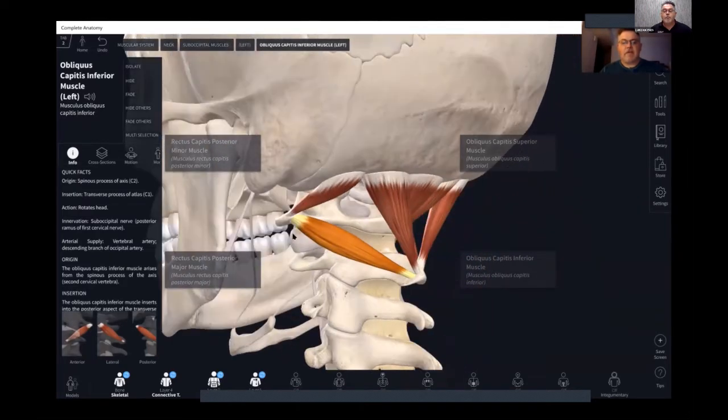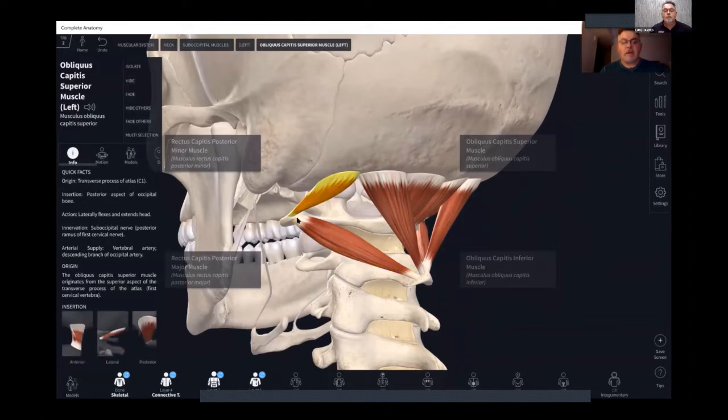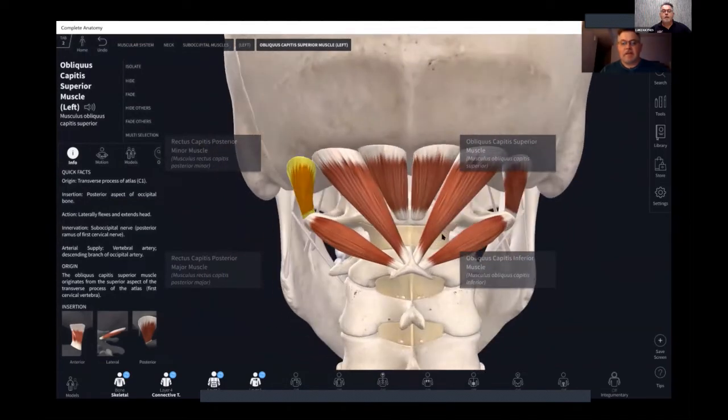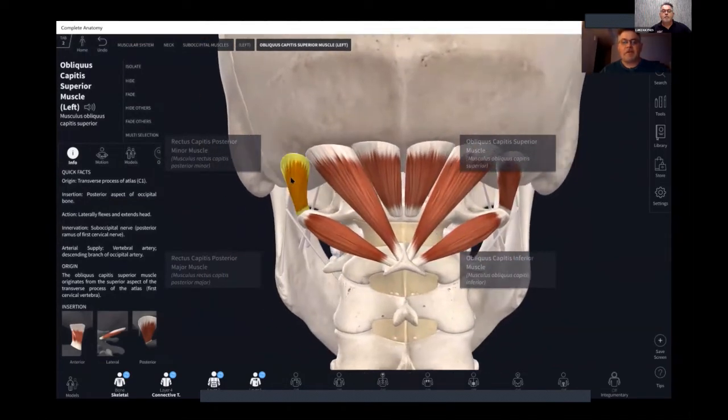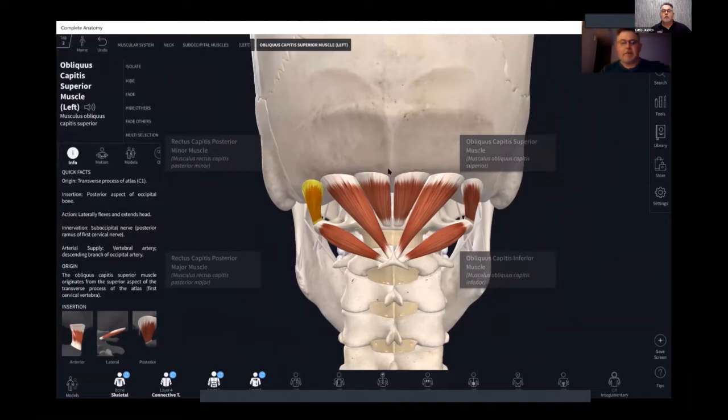And then there's a common attachment of Obliquus capitis inferior and Obliquus capitis superior on the transverse process of C1. So then we have a very common line of attachment at the inferior nuchal line on the occiput.